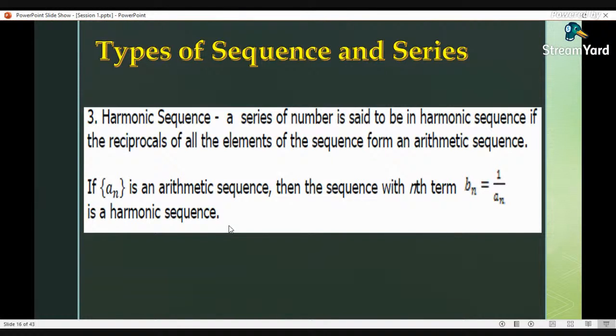It will be easy for us to identify the harmonic sequence because there will be a common difference in the denominator. With an arithmetic sequence, there is a common difference among all the values, but for a harmonic sequence, there will be a common difference only in the denominator. Also take note of similar fractions, because sometimes you can be misled when you are solving.